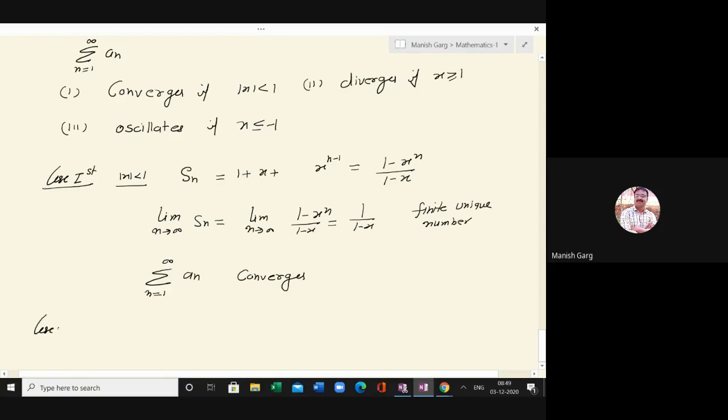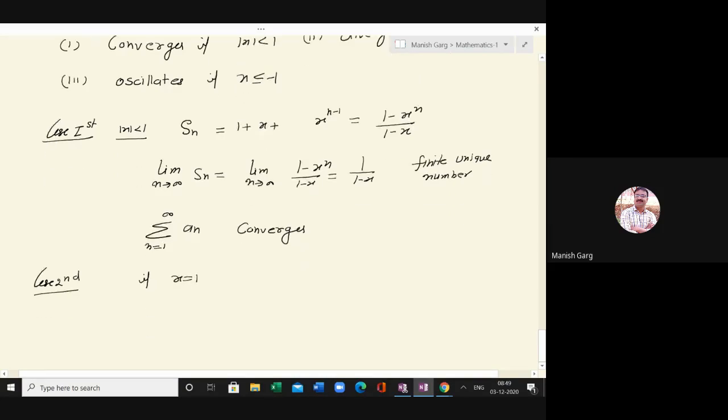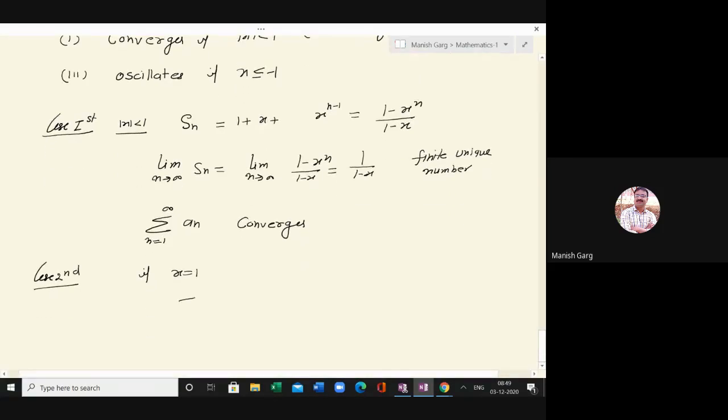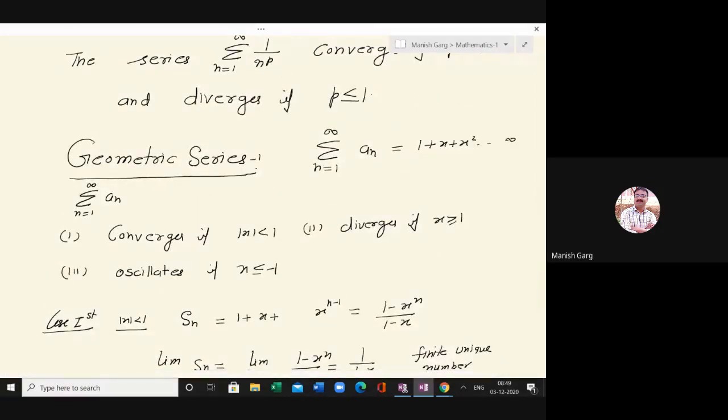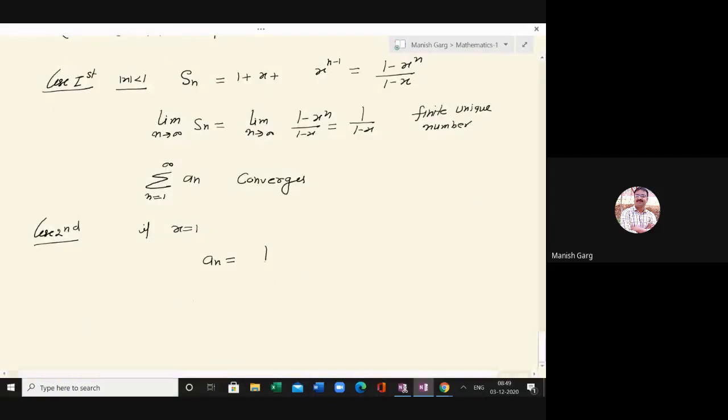Case second, if x is equal to 1. If x is equal to 1, what will be your series? n is equal to 1, you can write directly Sn equals n. What will be an? An will be 1 because all terms of this series will be 1, 1, 1, 1, 1. So an is equal to 1.